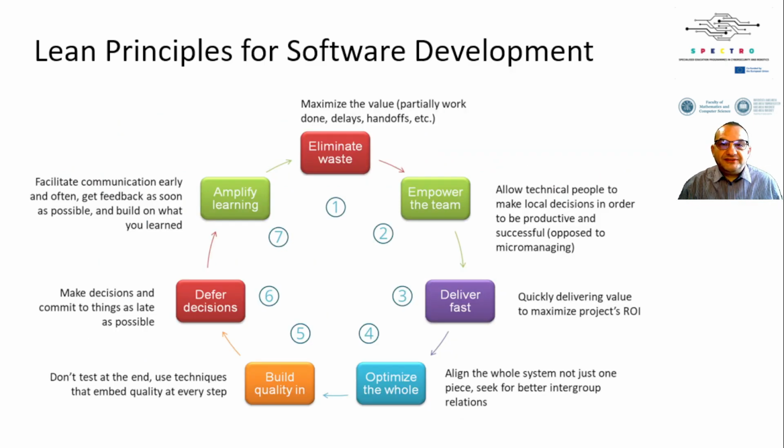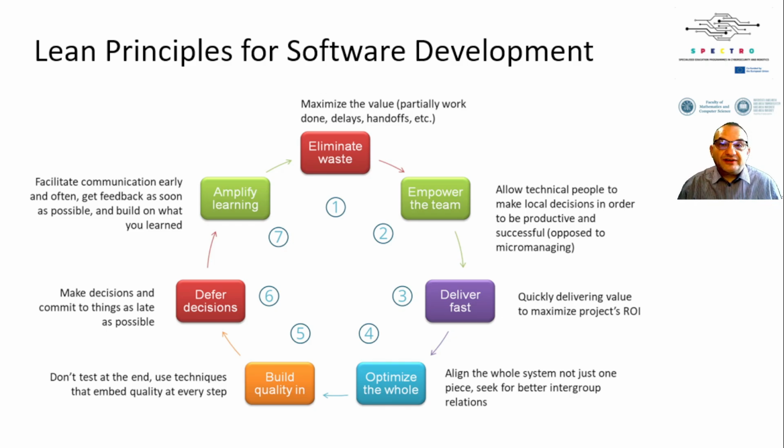Mary and Tom Poppendieck identified 7 principles for Lean software development, which they documented in their book. These principles guide how teams can build software more efficiently and with higher quality. Let me list them for you: eliminate waste, empower the team, deliver as fast as possible, see and optimize the whole, build integrity in, decide as late as possible, and amplify learning.